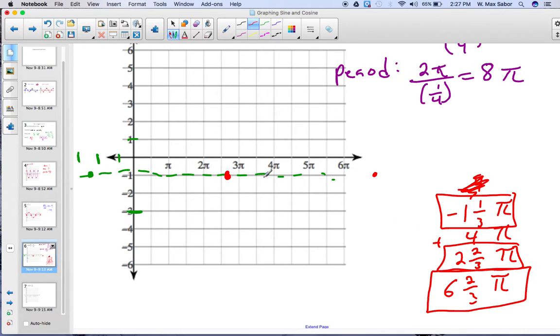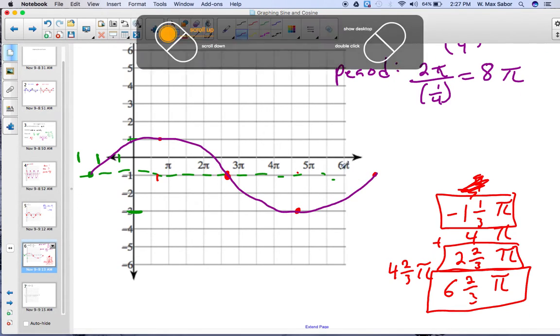Halfway between the first two is 2/3 pi, where we have a maximum, and halfway between the second and third is 4 2/3 pi, where we have a minimum. So overall, our sine curve is going to look like this. It's kind of difficult to make this look smooth, but that is going to be our sine curve.